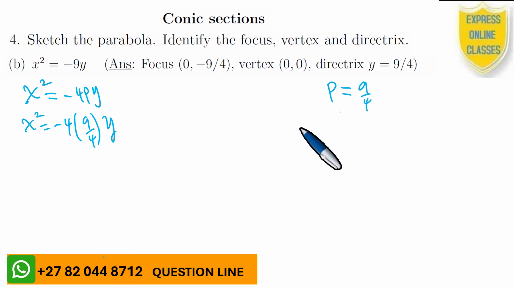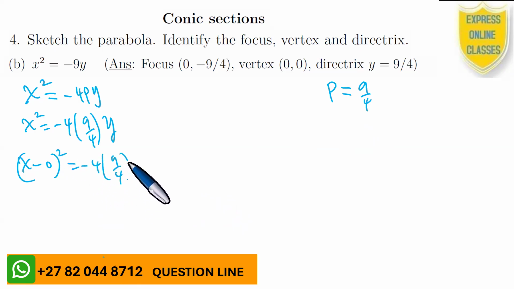So at this point you have p is that one. Then you can write this as (x minus 0) squared equals minus 4 times 9 over 4 times (y minus 0). So we are able to see what is happening here.